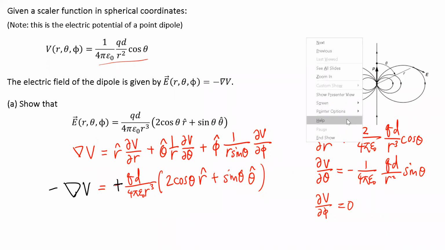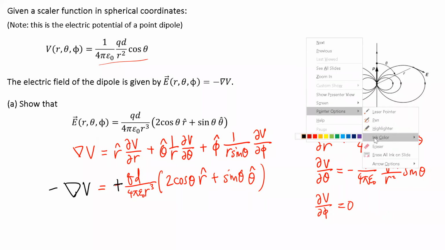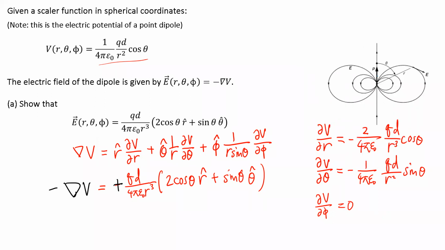I understand that at this point you have learned that if I have a dipole, you have the electric field along the axis, and you have also learned the electric field along the middle plane.